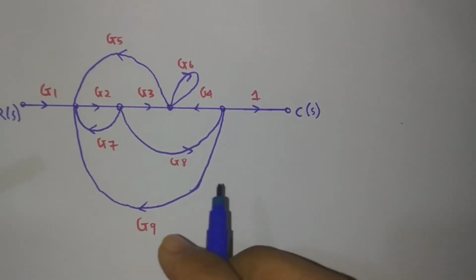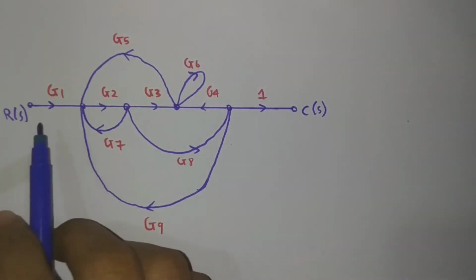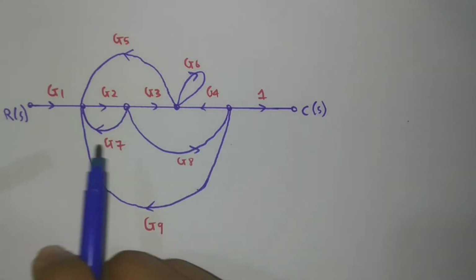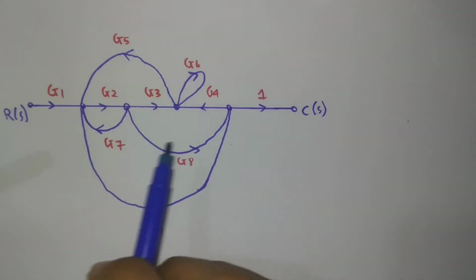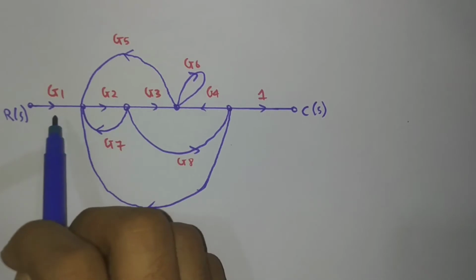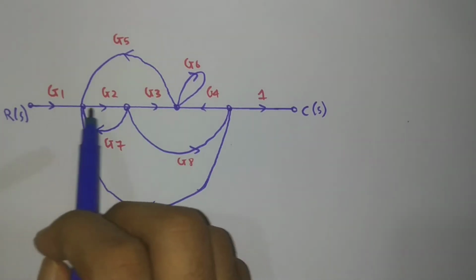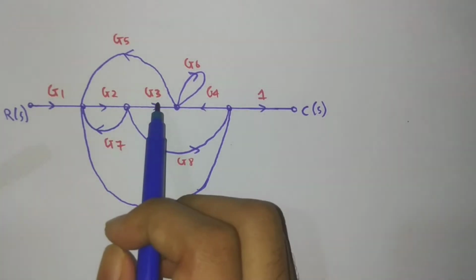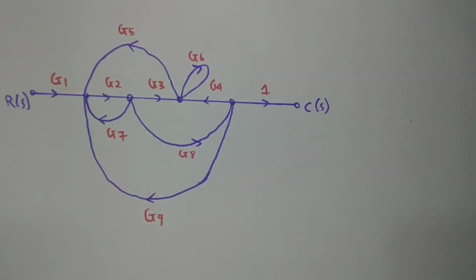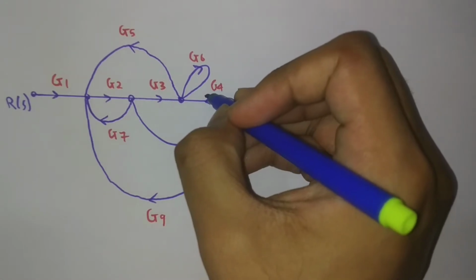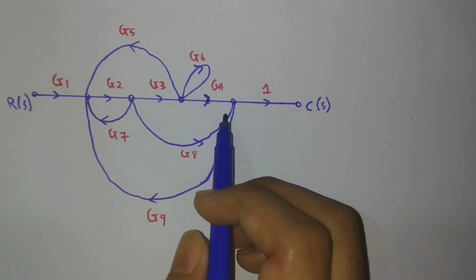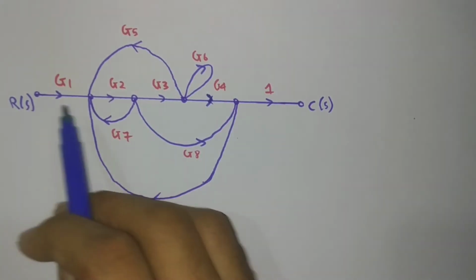Now what is a forward path? The forward path is a path from the input towards the output. It can be any path, but the path should not break in between and it should go from input to the output. So here you can see G1, G2, G3 and G4, going from input R(s) to C(s).